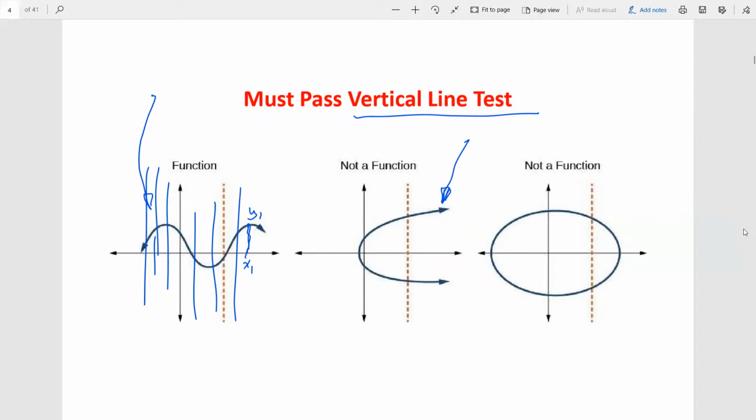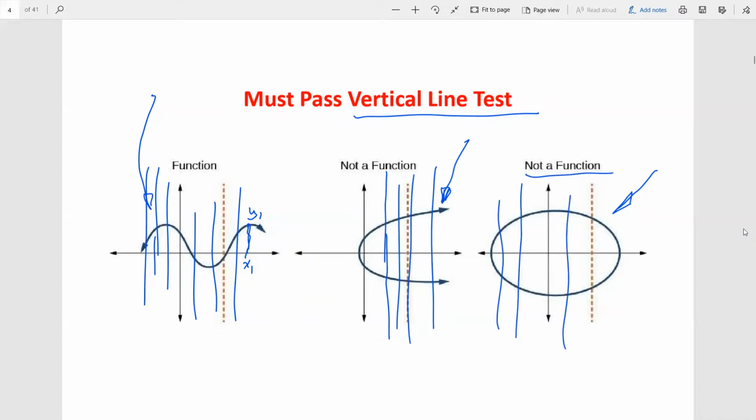In fact, it looks like a parabola flipped over. It's a nice smooth curve, but it's not a function, because if you put a vertical line through any point, it touches the graph twice. Here is another nice looking graph, which is an ellipse. It's not a function because it doesn't pass the vertical line test.